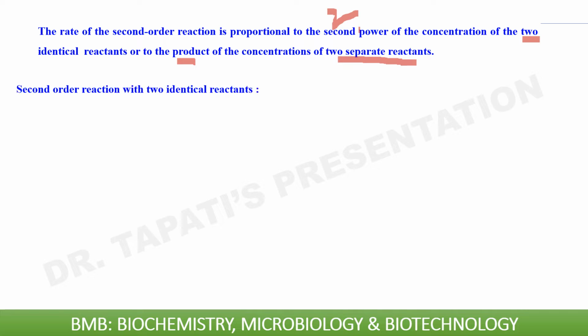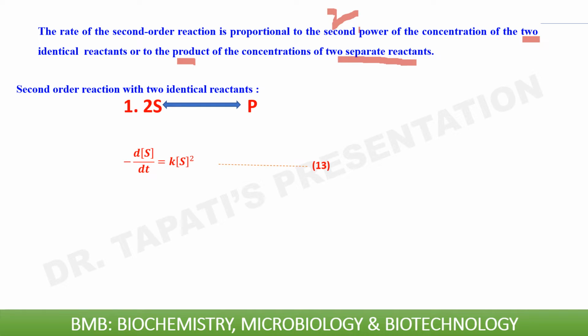If the second order chemical reaction occurs with two identical reactants, we can write it as 2S substrates converted to P product.